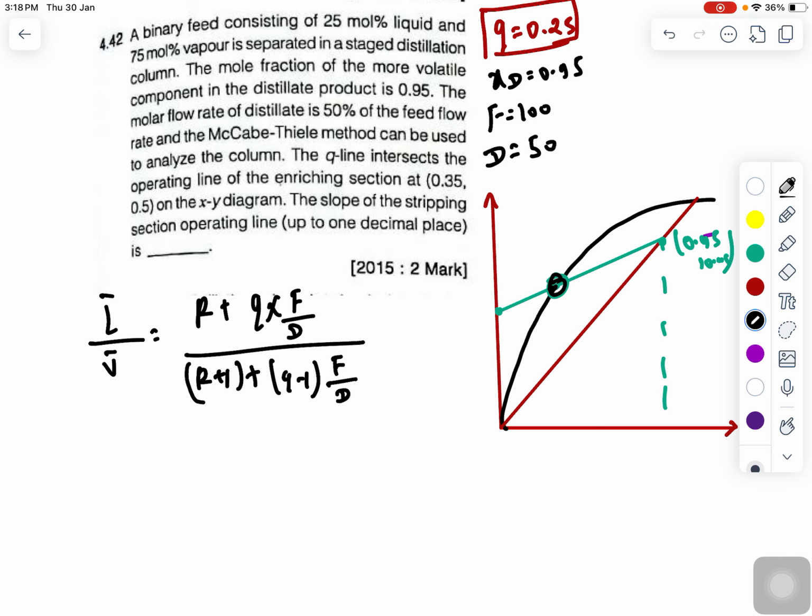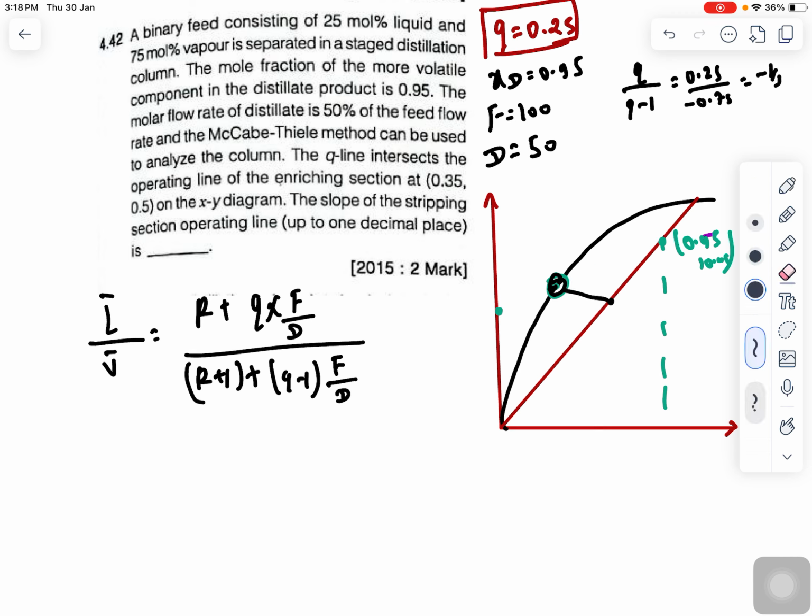You can see there is a q line going here. What is the slope of the q line? q divided by q minus 1. So 0.25 divided by minus 0.75 equals minus 1 by 3. So it will go like that. And the rectifying section line cuts the q line at this particular point. Is that clear?